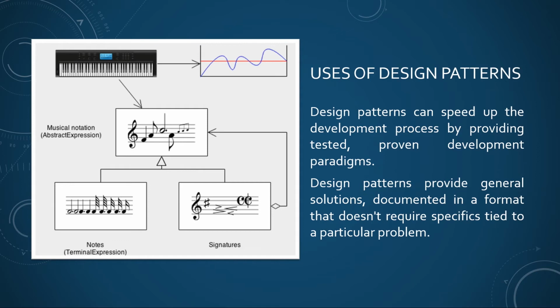Often, people only understand how to apply certain software design techniques to certain problems. These techniques are difficult to apply to a broader range of problems. Design patterns provide general solutions documented in a format that doesn't require specifics tied to a particular problem.